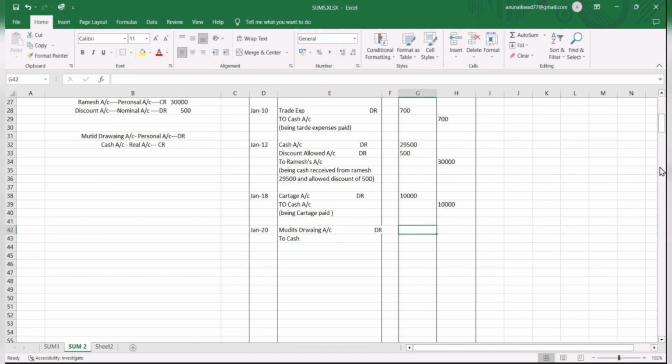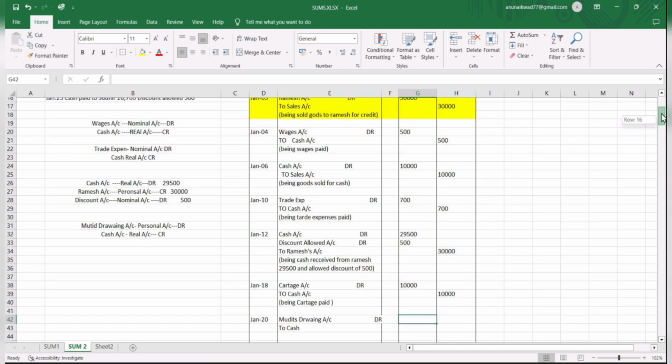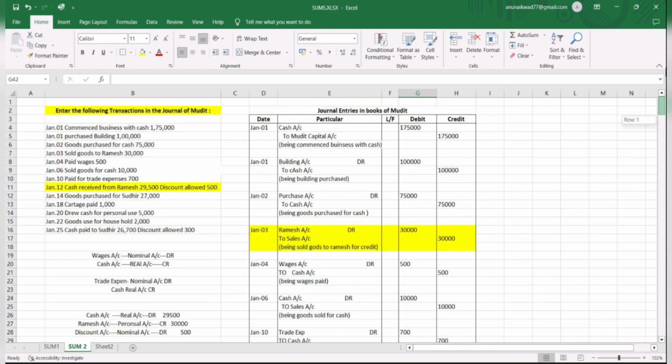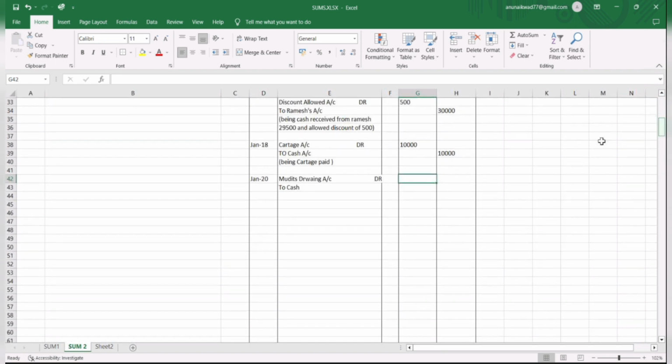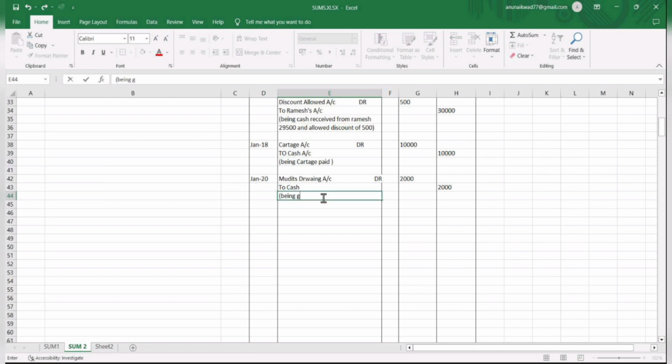He is withdrawing cash, how much? 2,000. Being cash withdrawn for personal use.